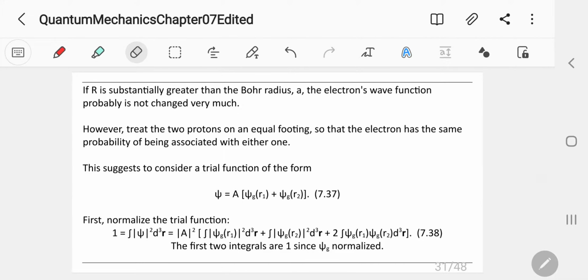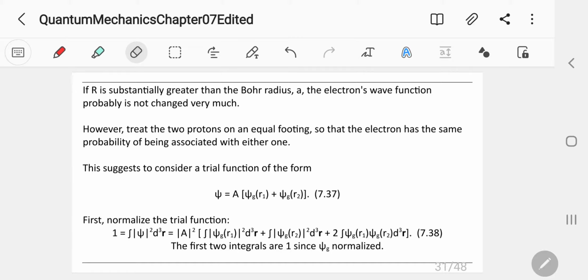So it is assumed that we should be able to assume that the distance between the two protons should be greater than the Bohr radius, so that the electron's wave function would not change very much.